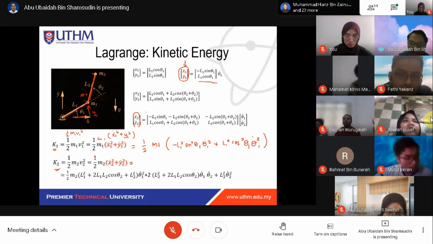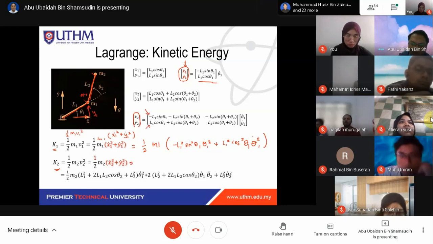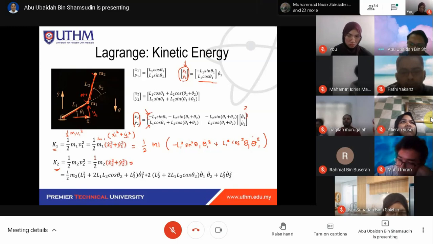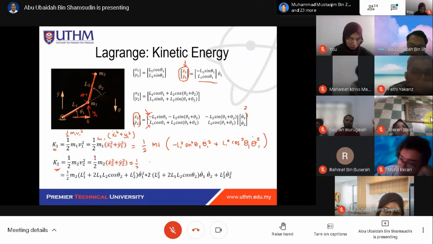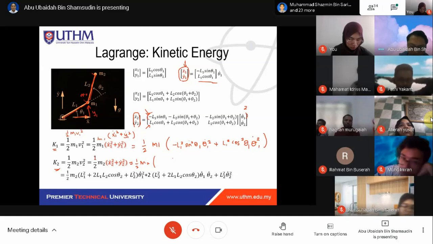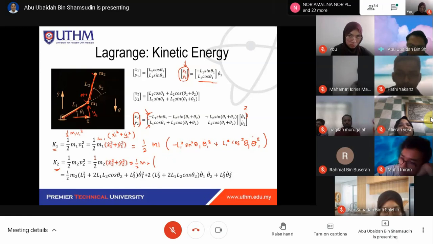So we already have the value here, so we just need to power by 2 everything. Okay. So you will get half M2, so this one you need to power by 2, okay?